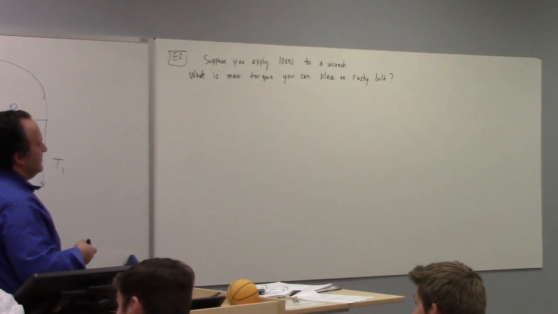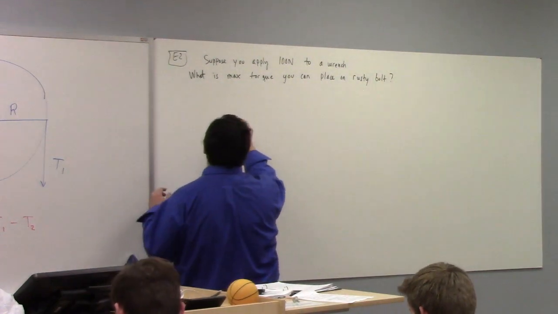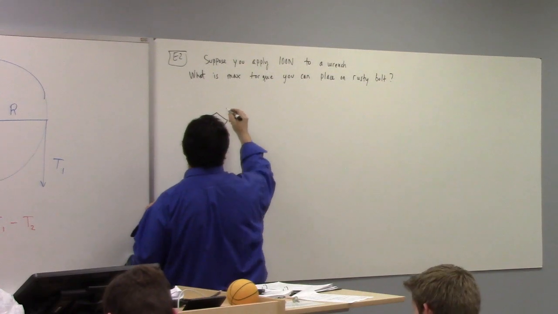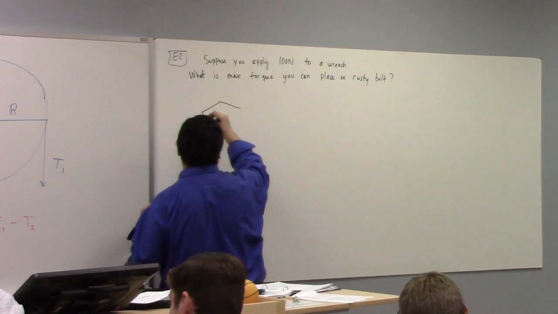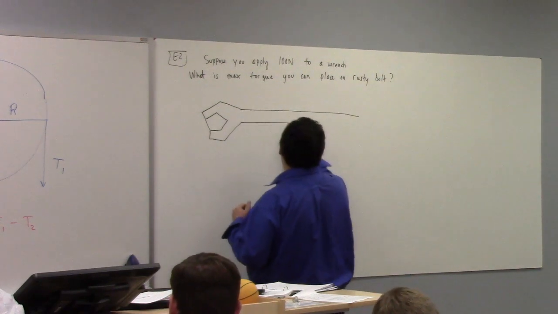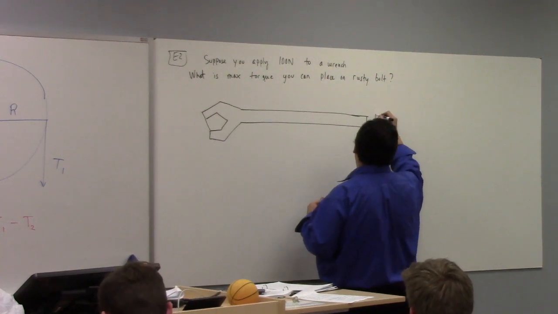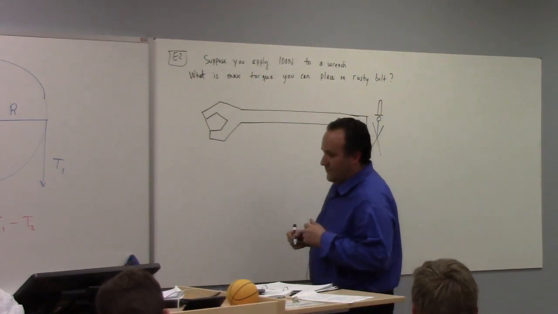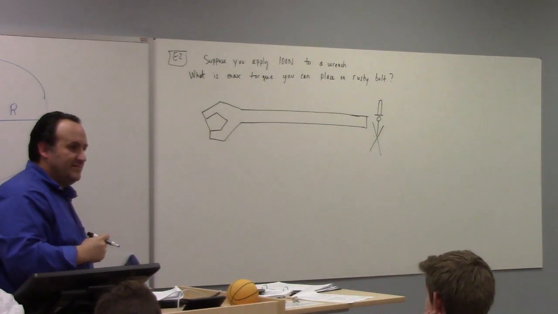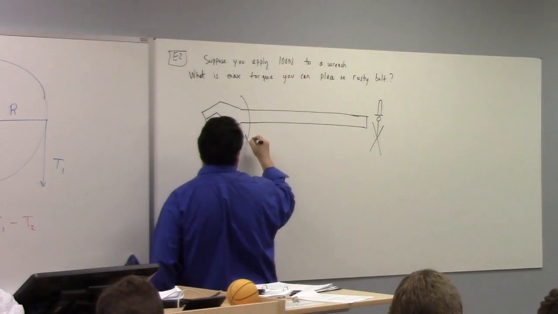So what do you guys think? Is this even a meaningful question? So how does this go? Something like this, right? You got a bolt. I can't draw bolts. Anyway, here's a bolt, and you've got this wrench. And then Mr. Top Hat is pulling down on it with all of his might, and you're trying to twist this bolt, trying to cause a rotational motion like that.